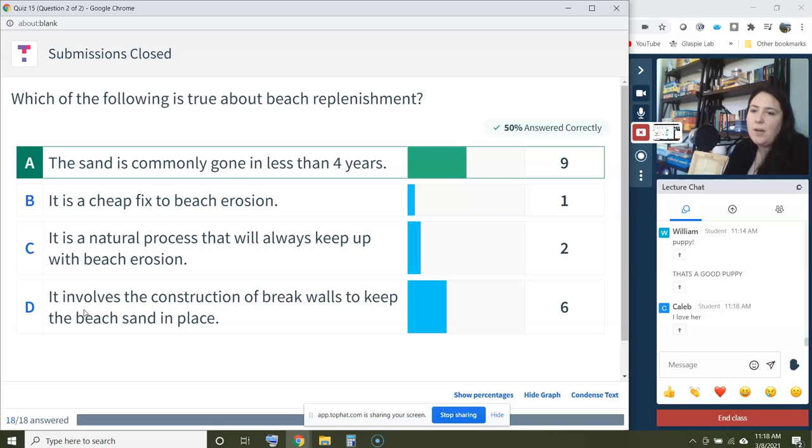So the construction of breakwalls does not actually keep beach sand in place. It will cause erosion of beach sand. The construction of groins will keep beach sand in place. The difference is that groins are perpendicular to shore and go out into the surf, whereas breakwalls are parallel to shore. And so the sand next to the breakwall will be eroded over time and undermined. So this one is going to be A.